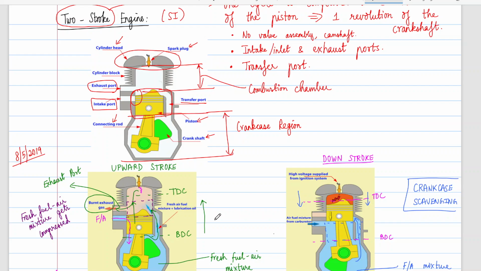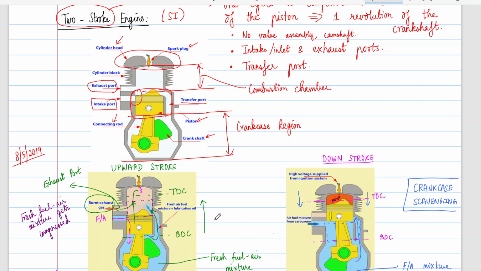See, a little bit of compression will happen because the piston is coming down, right? But that is not the primary method in which it is working. When the piston is coming down, some compression would happen. This compression would also facilitate the flow of air from the crankcase up into the combustion chamber.